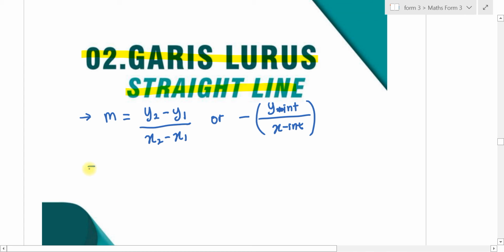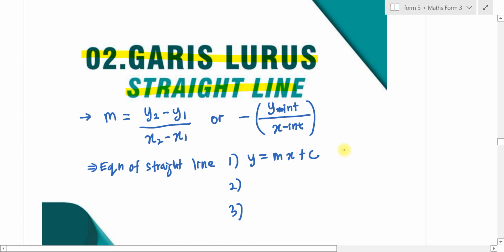If you want to find the equation of a straight line, we have 3 ways to write it. The basic one is y equal to mx plus c. Remember, your m is the gradient, your c is equal to the y-intercept.